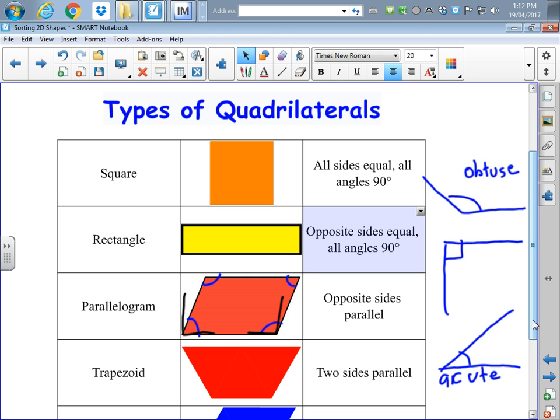So can you give me another word for a parallelogram? If parallelogram was a smaller umbrella, what words would fit there? What if I had it turned?